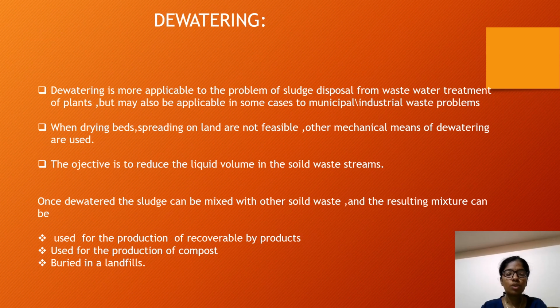The objective is to reduce the liquid volume in solid waste streams. Once dewatered, sludge can be mixed with other solid waste, and the resulting mixture can be used for the production of recoverable byproducts, used for the production of compost, or burned in landfills.